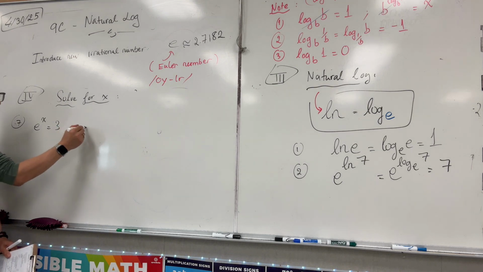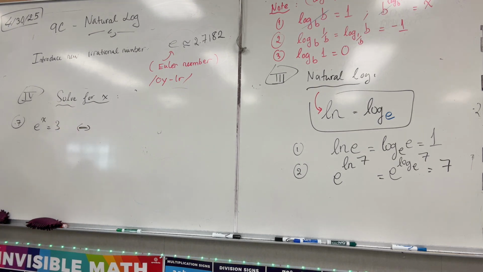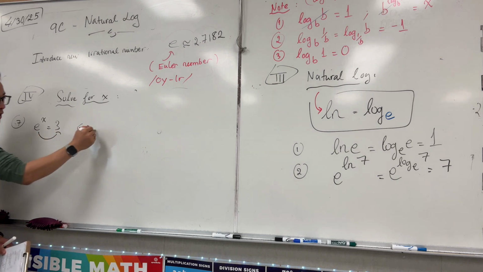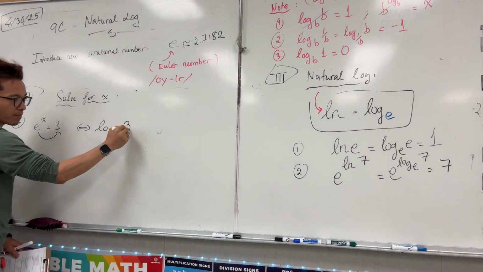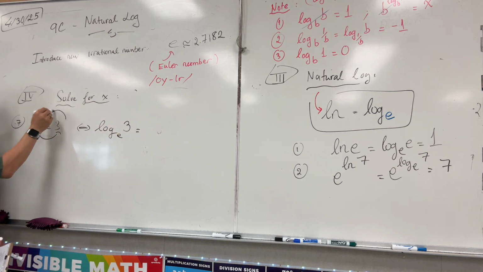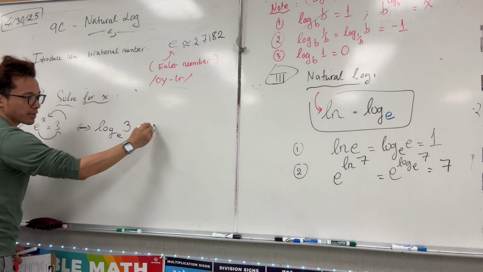If you don't know how to solve it, you convert it. Can you convert that into the log form? You start from here, right? Snell method, you start from here, let's write log first. You start from here, so log base e, you go to the 3, log base e of 3 equals x. That's your answer.